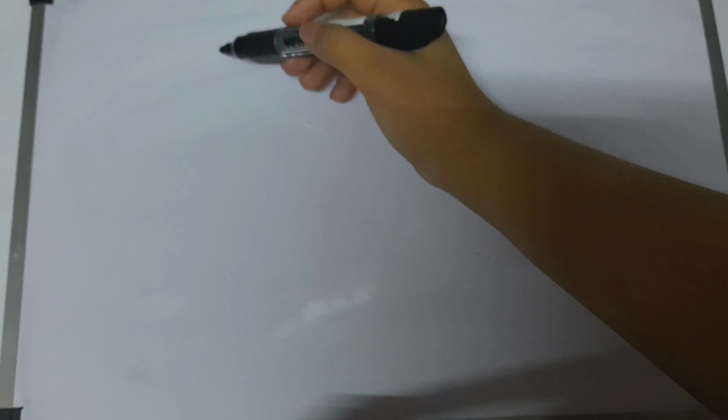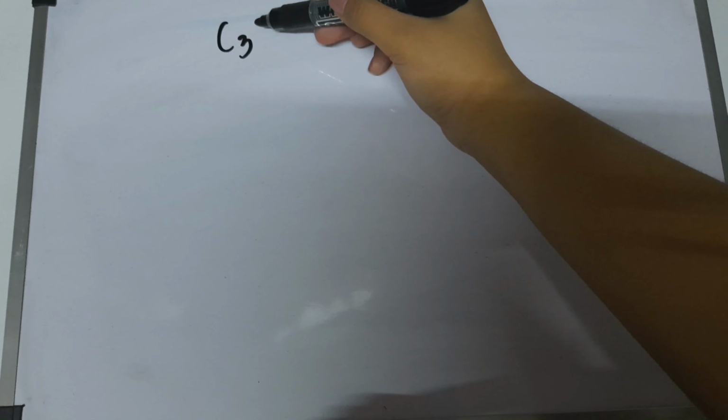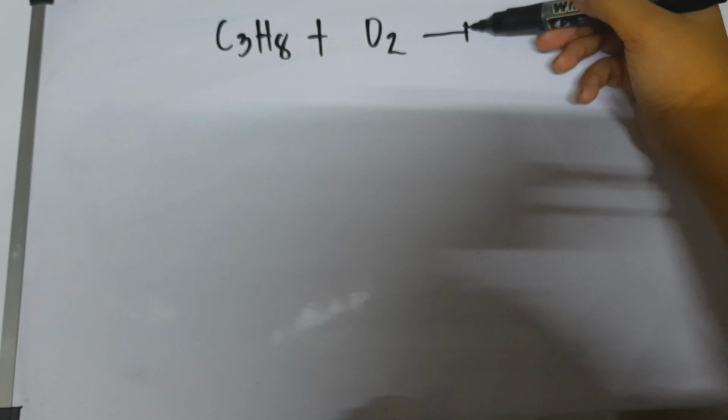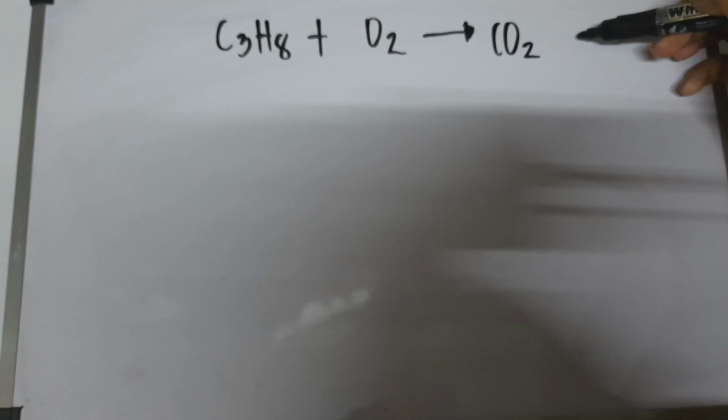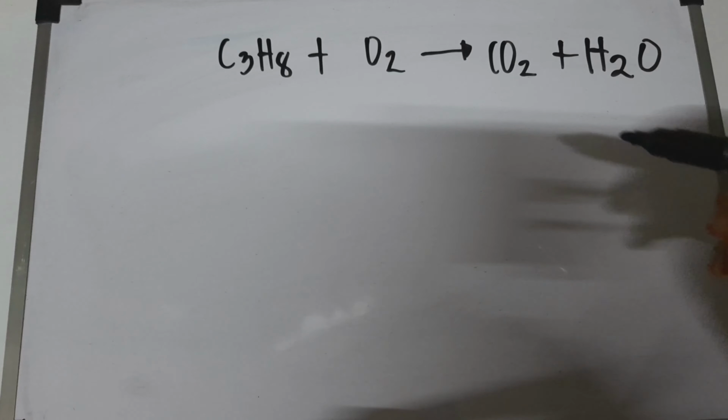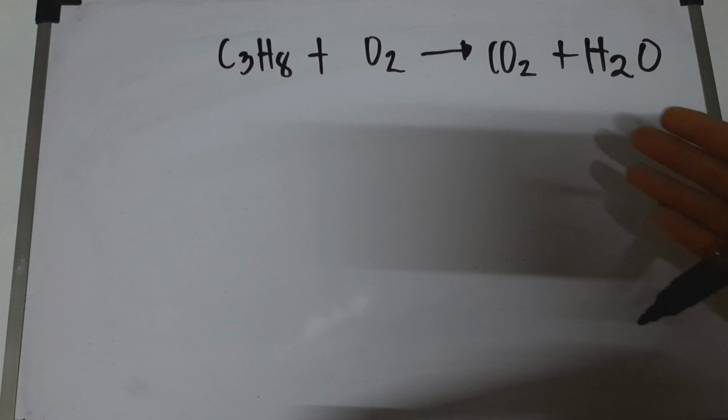In problem number 2, we have the chemical formula C3H8, which is the propane, and it will react with oxygen to yield carbon dioxide and H2O. So the first thing we should do is to balance the equation. In balancing the equation, we must list down the elements in reactants and products.